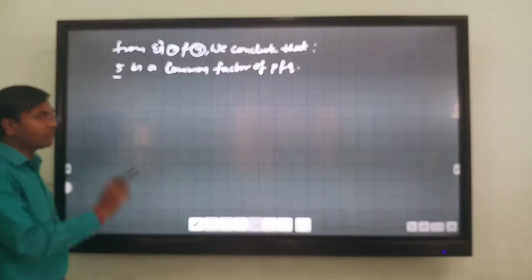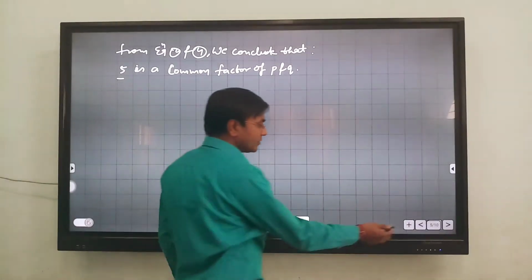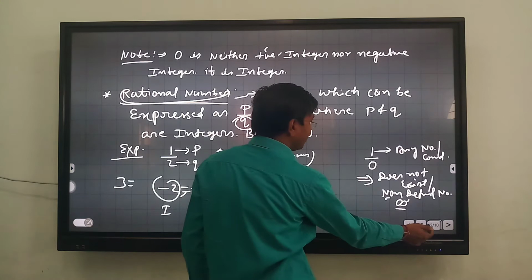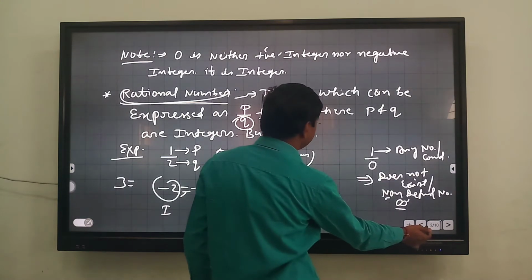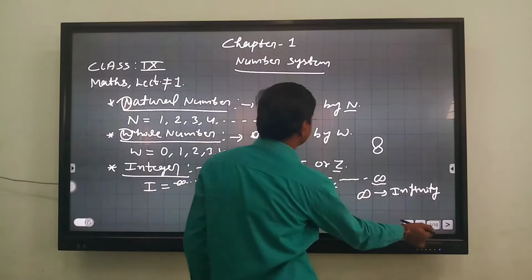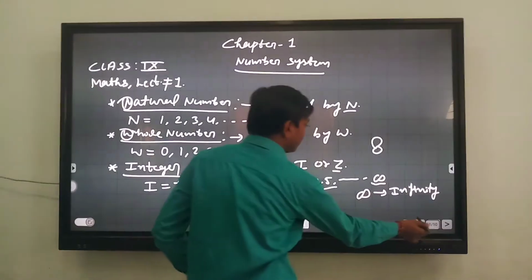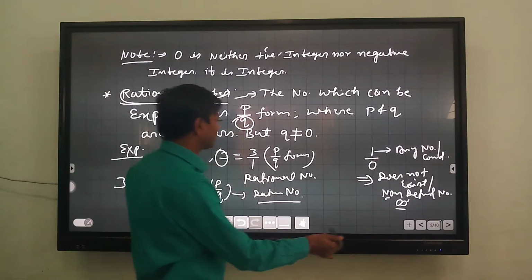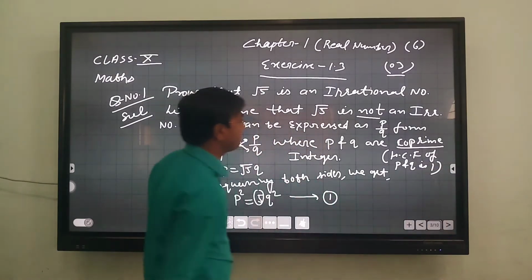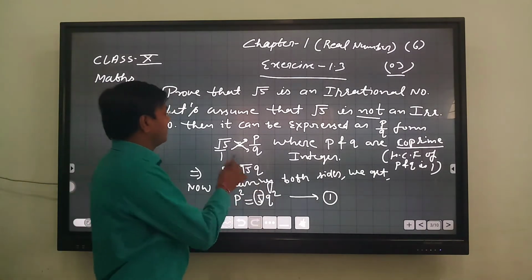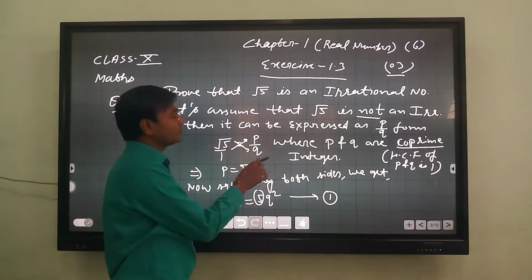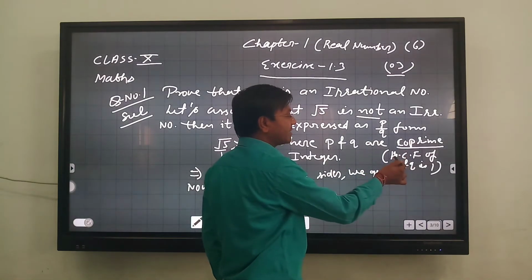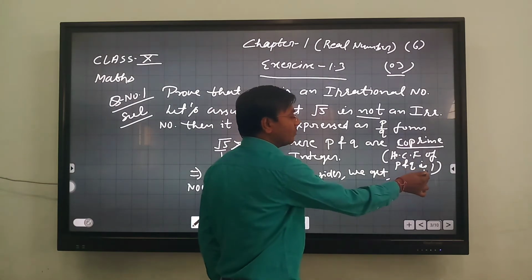And earlier what we had assumed, do you remember? At the beginning of the question, we had assumed root 5 equals p by q, where p and q are co-prime integers. Co-prime integers means HCF of p and q is 1.